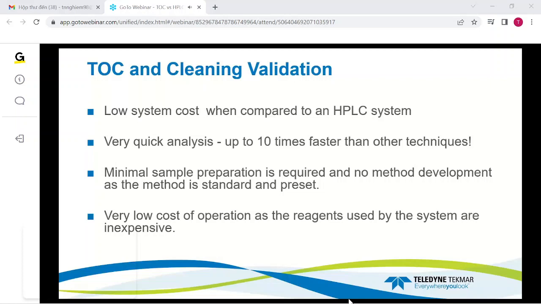Minimum sample prep, because you basically take the water that you get from your cleaning rinse, put it into a vial, place it into the system, and little to no method development is needed. And it's very low cost of operation, as the reagents used by the system are inexpensive. So you might have a better ROI on this, because it's going to ensure your production continues and you're not down for certain types of contamination.